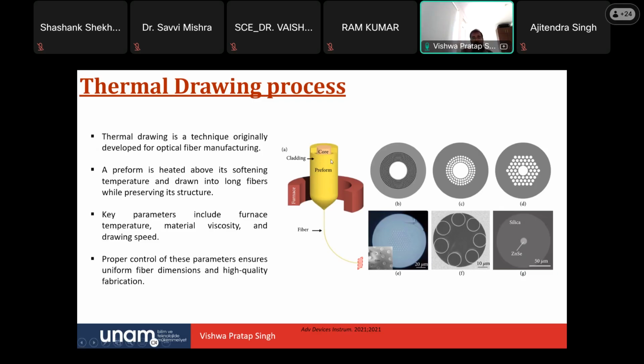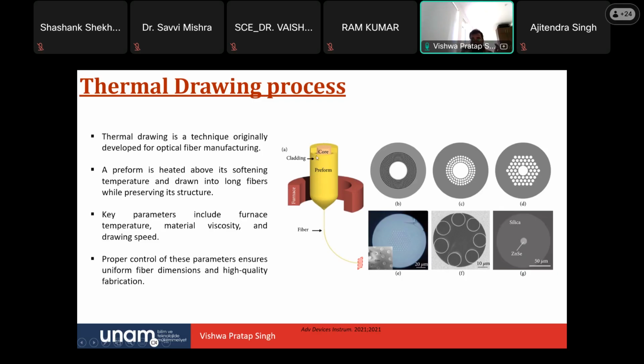And when you heat this preform, you can make any structure. You can see here, this is the cross-sectional cut of this fiber. So you can make any type of device, any type of structure using this technique.